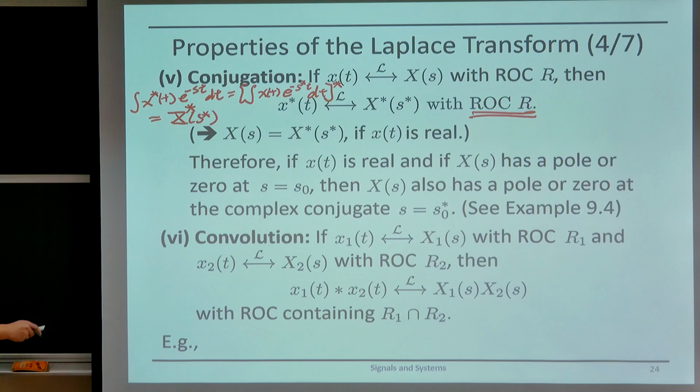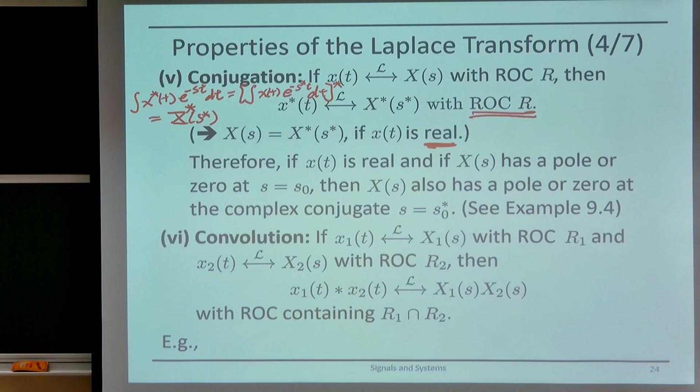Now, if you look at the special case where x of t is real, this means that x of t is equal to x complex conjugate of t. So if x of t is real, these two are equal in the time domain, which means that in the s domain, these two also should be the same.